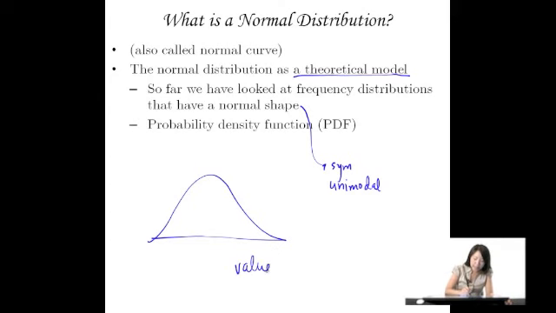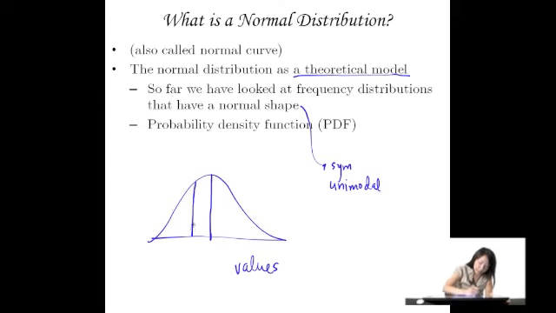And so on the x-axis, we have some values, presumably values of some variable. For instance, let's say height, right? So the values might be like 60 inches, 61 inches, right? And so here, what we see is the mean, the mode, and the median.